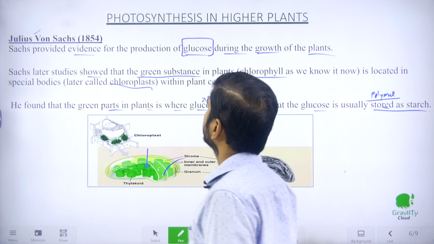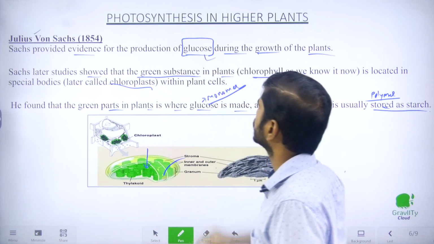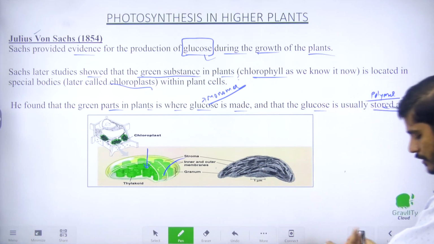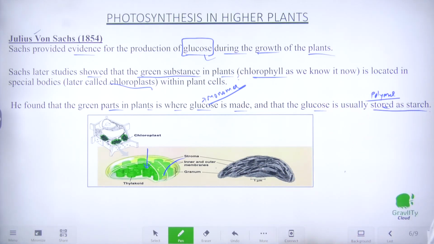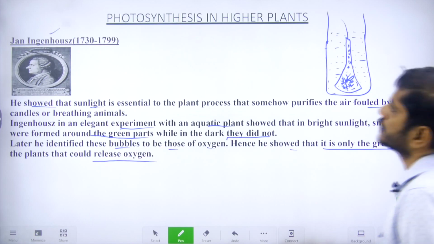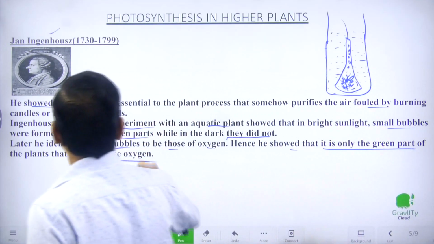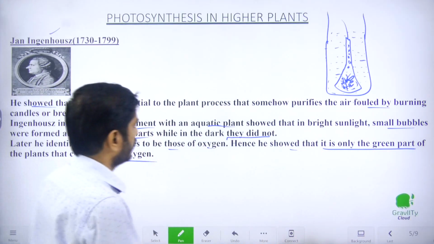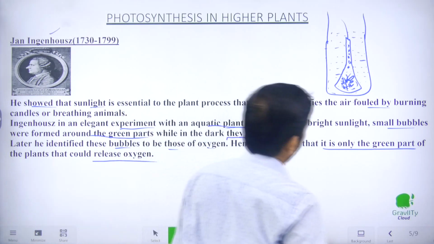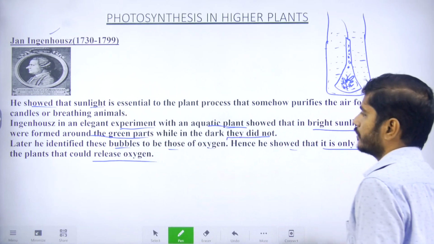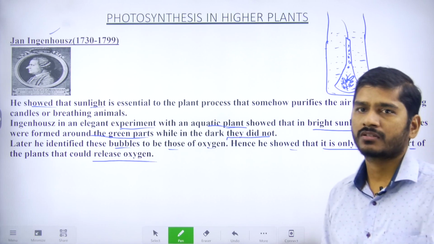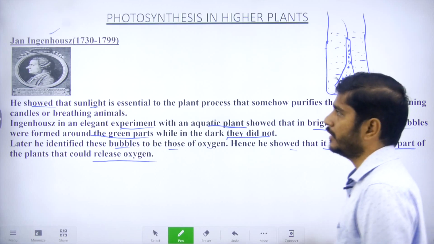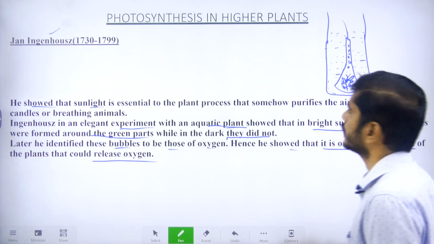Now Sachs provided evidence for glucose. So his contribution is glucose, glucose obtained from this. Next one, Ingenhousz. He showed that in some aquatic plants, in bright sunlight, small bubbles come out. Those bubbles are nothing but oxygen only, okay. A gas is released, so that could be oxygen. He gave some initial confirmation.